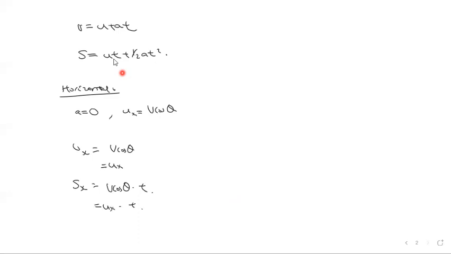In your vertical direction, your a is negative g, which is still constant. Your uy equals v sin theta. And so your vy equals u, which is v sin theta, plus a, which is negative g, times t.